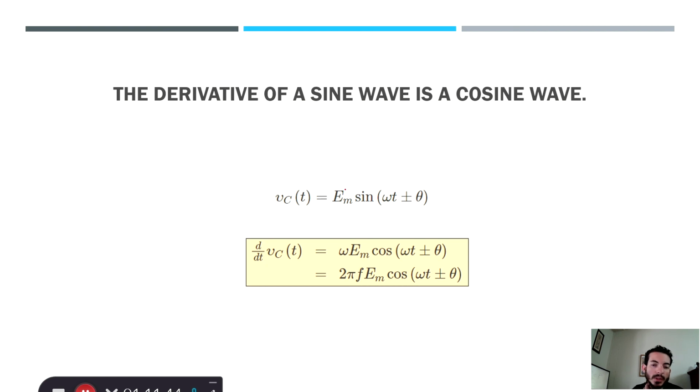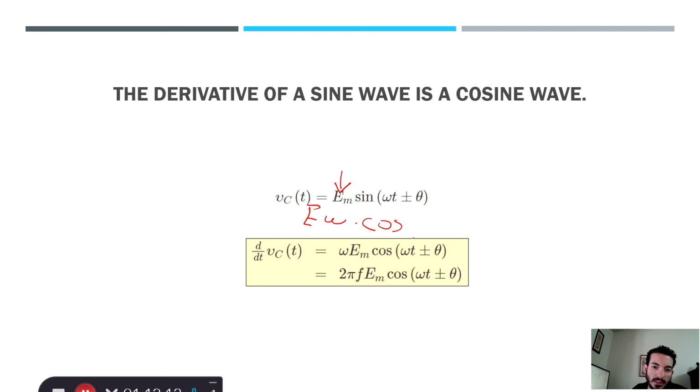So a review also: the derivative of a sine wave is cosine, but be careful with the arguments. Say a constant, as long as this is a coefficient and not a function, multiplying sine of omega t plus or minus a phase, the derivative of that function is omega times cosine.